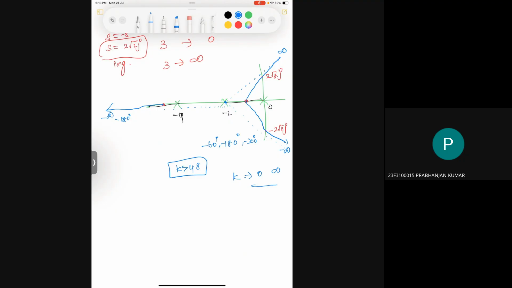Where is the minus 300 degree? I think you marked minus 60 and minus 180. This is minus 60, and again minus 300. Everything will be calculated in the counterclockwise direction.